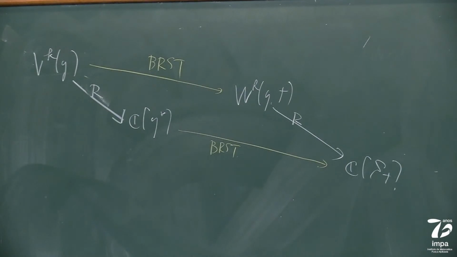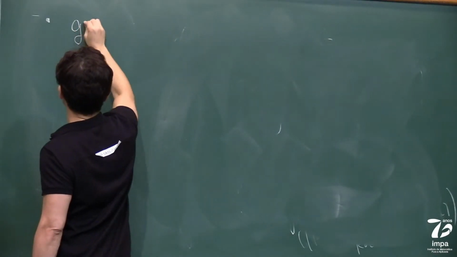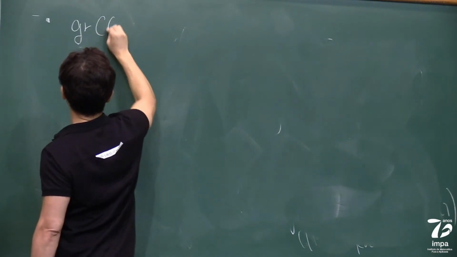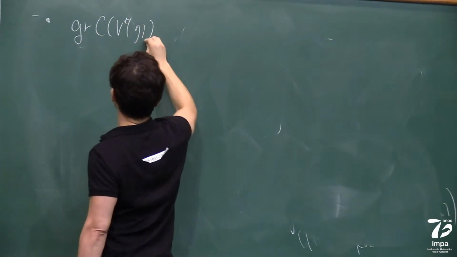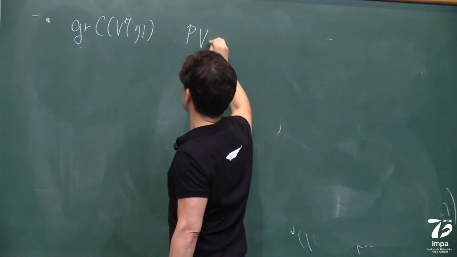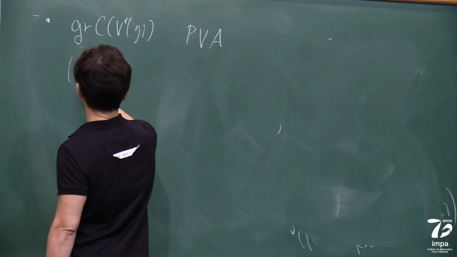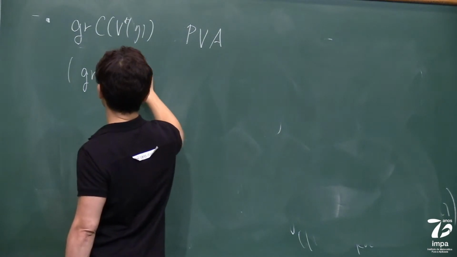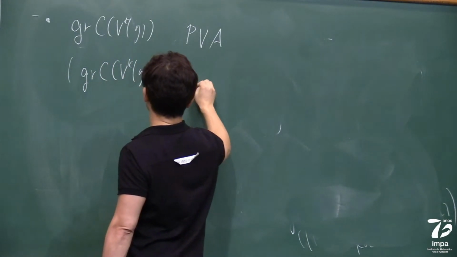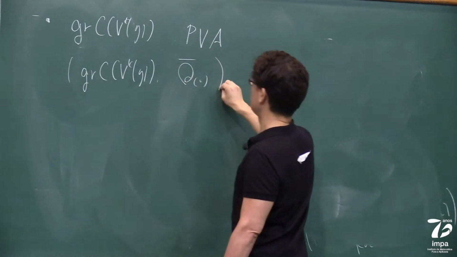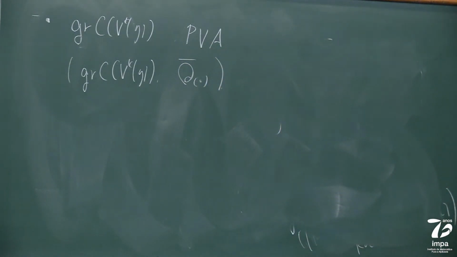And you can discuss compatibility with the Poisson vertex algebra version, because the associated graded of C(V^k(g)) is, as I explained, naturally a Poisson vertex superalgebra. And the image of Q_0 acts, and the square of Q_0 equals 0 on this associated graded, of course.